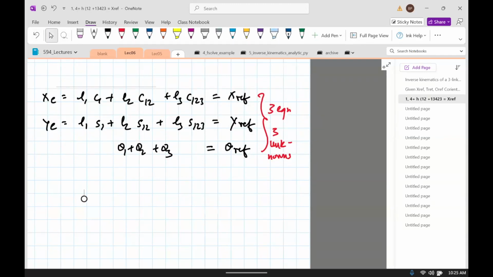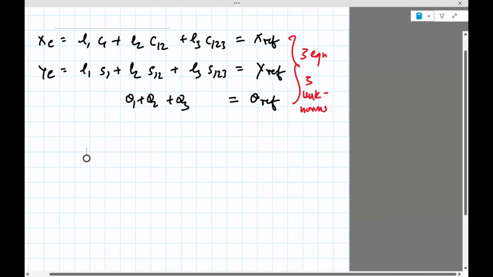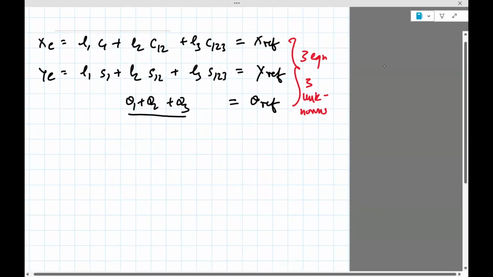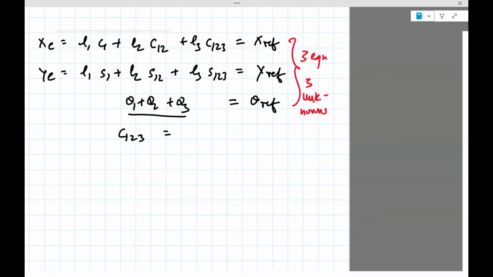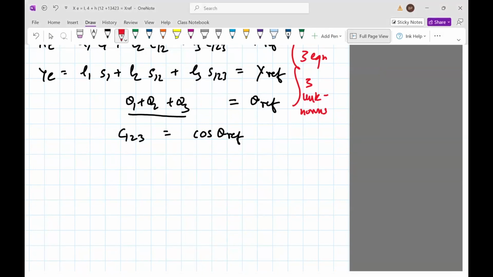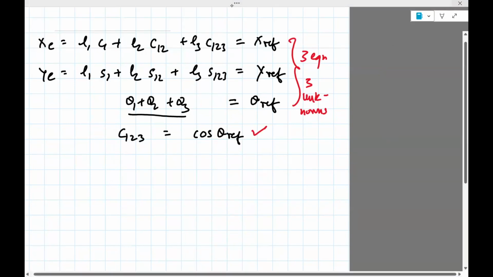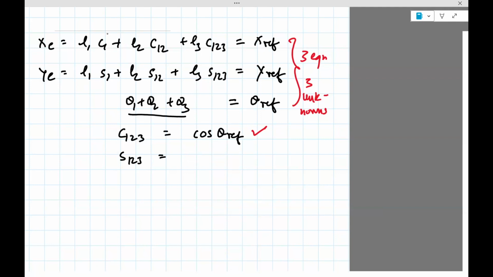Okay, so the first thing we note is that if we know what the sum is, we effectively know that C123 is cosine theta ref. This is known. We know this because theta ref is given. And then we also know that S123 is sine theta ref. That's also given.